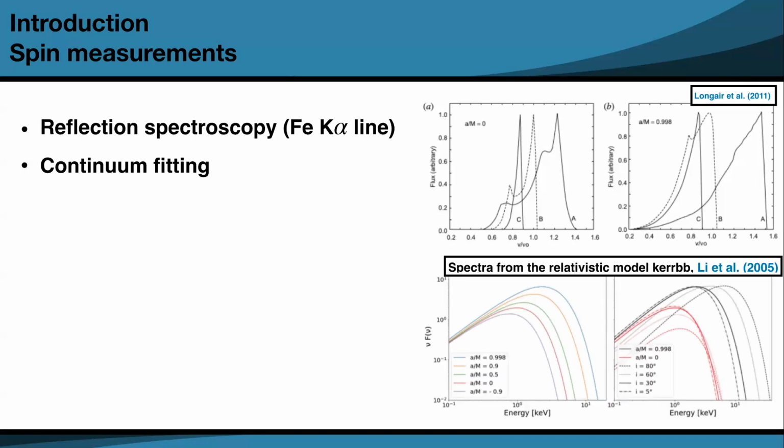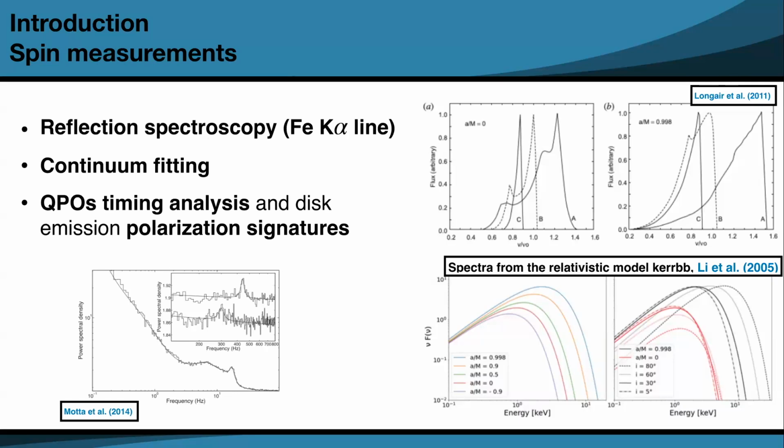In this case, the idea is to model the continuum emitted from the accretion disk that, as I mentioned, can be modeled as a multicolor black body, but of course, being emitted in the strong gravitational field of the black hole, this spectrum is of course modified by the same effects I mentioned before. And so modeling the continuum of this emission allows for a second way to estimate the spin of the black hole. There are actually two other methods that have been proposed in the past.